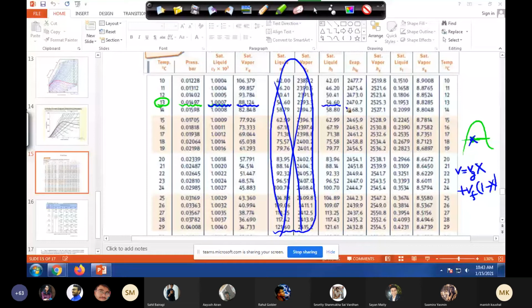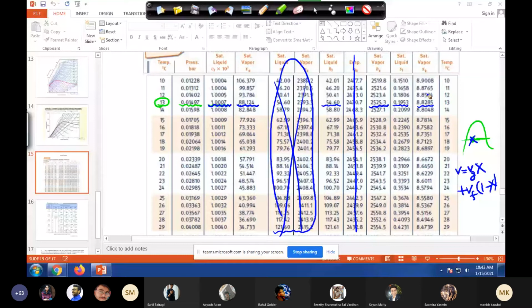And this is simply the difference of these two, Hg minus Hf. This also you don't need to use. And then the specific entropy of the saturated liquid phase and saturated vapor phase. With this information, you can solve problems based on water.